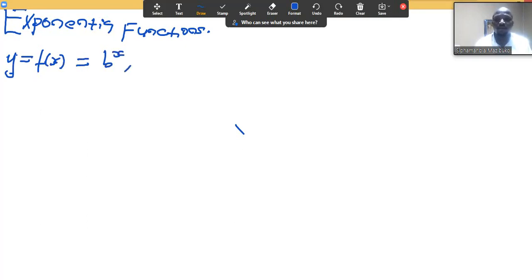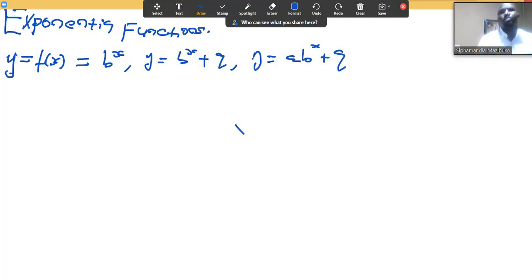We can have a graph of the format y = b^x + q. We can also have y = a·b^x + q. These are the normal formats that we can come across if you're looking at exponential graphs.